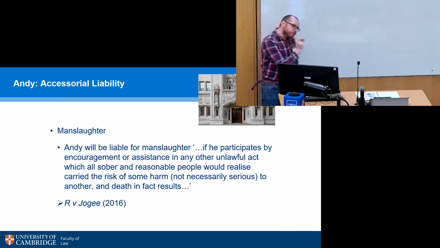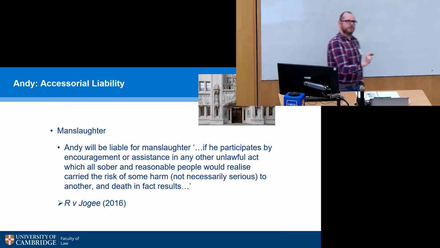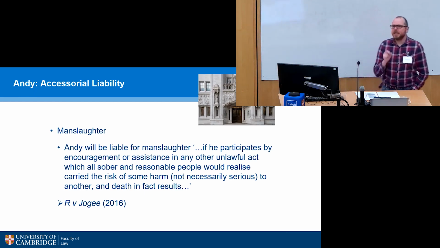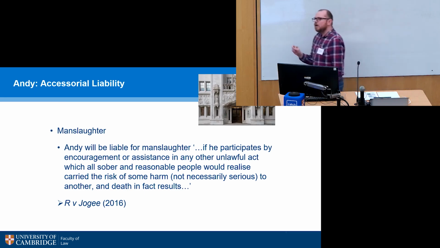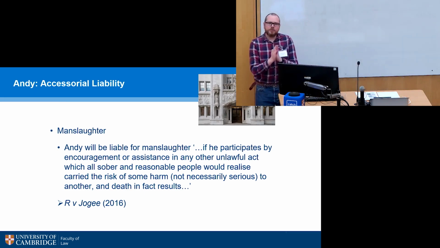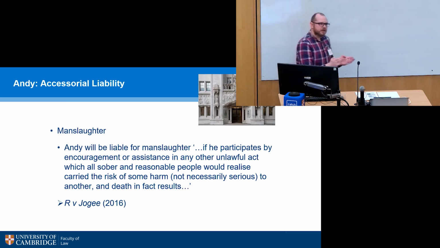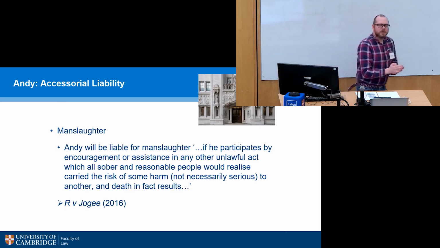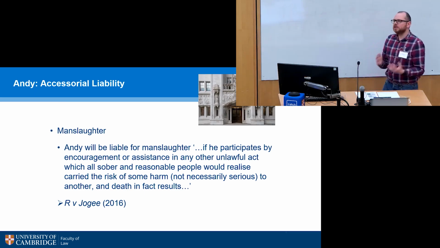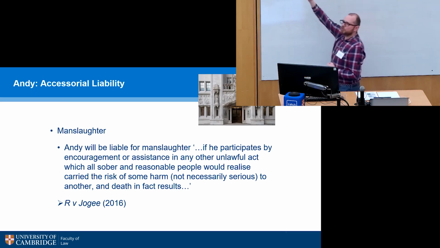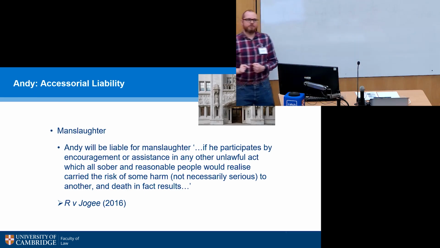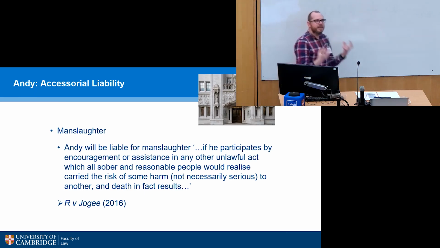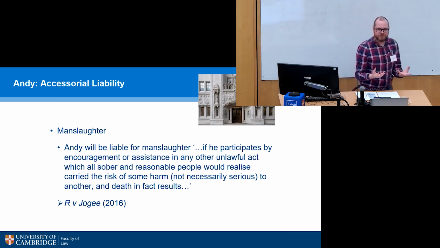So on the Supreme Court's analysis of these facts, Andy would be liable for manslaughter. Now, I say on the Supreme Court's analysis of these facts because an important aspect of studying criminal law at university is we teach you the rules and then we begin to appraise them critically. We begin to ask, look, do these really make sense?